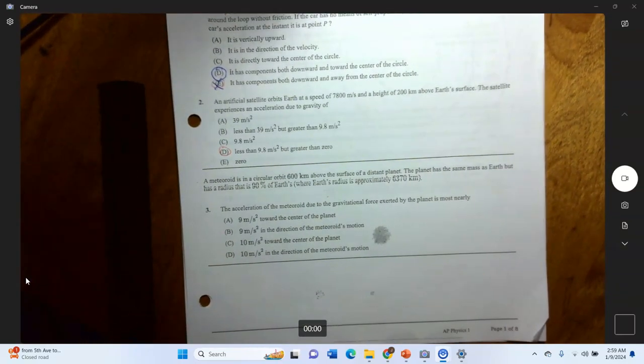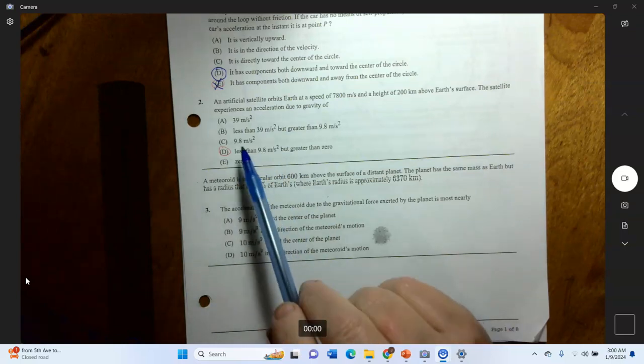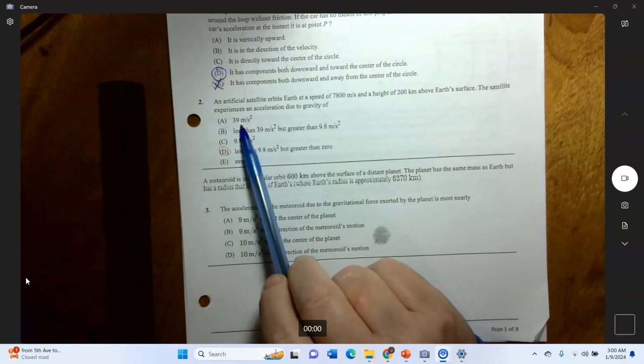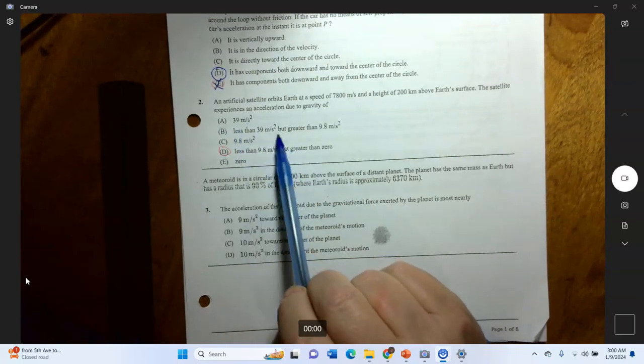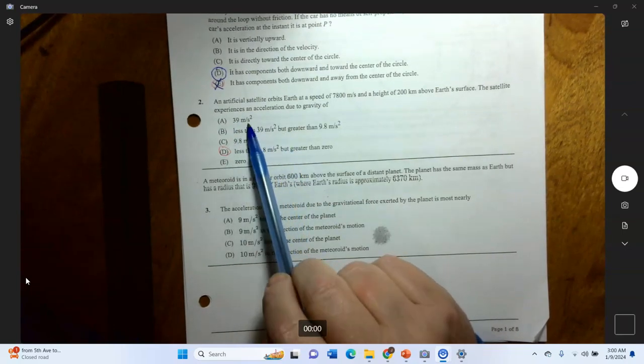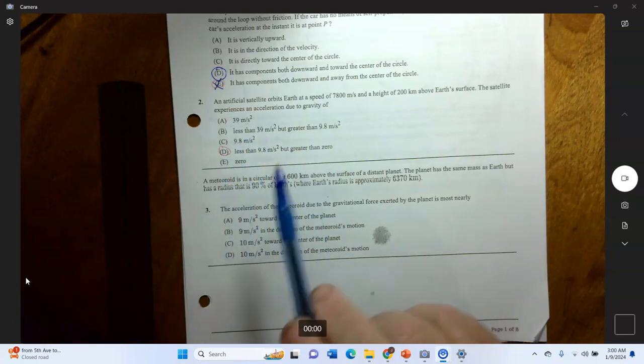Okay, an artificial satellite orbits Earth at a speed of 7,800 meters per second and a height of 200 kilometers above the Earth's surface. The satellite experiences an acceleration of gravity due to... I'm still a little puzzled where that comes from. It might be the tangential, I don't know, but it's not it.